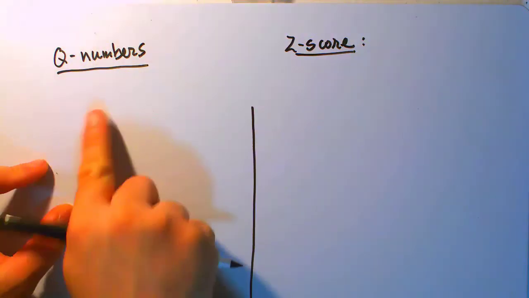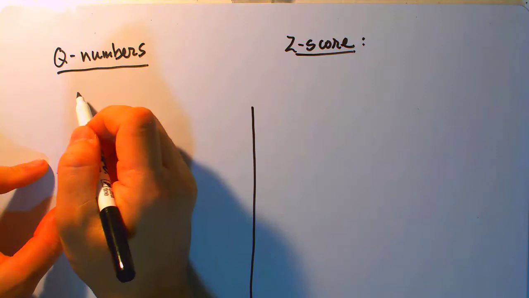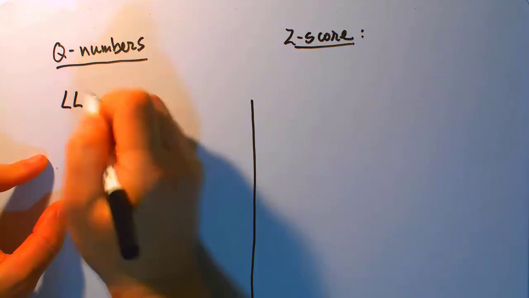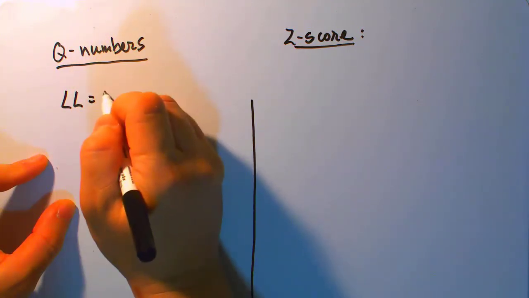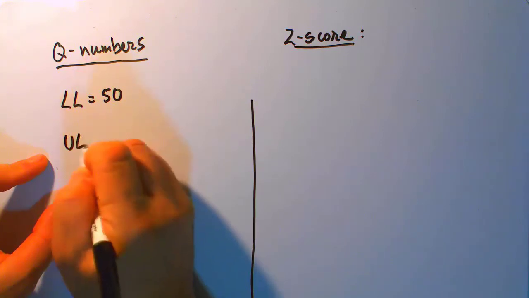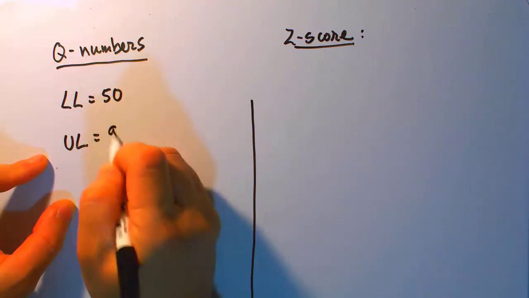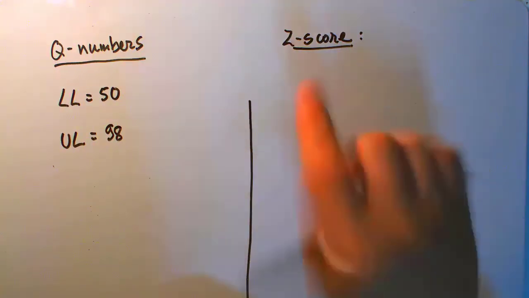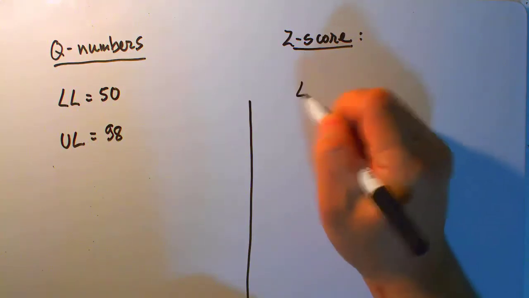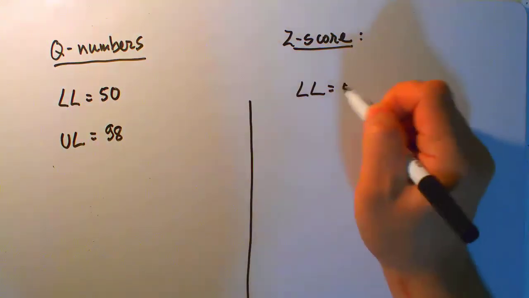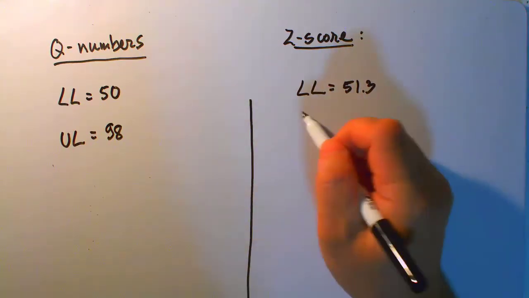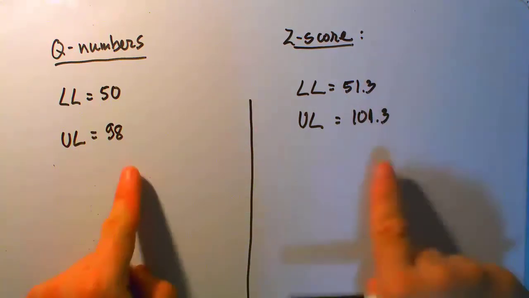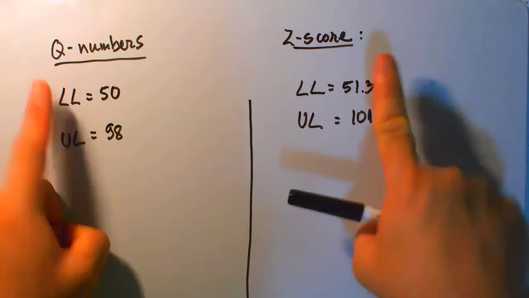Then using the Q numbers, if you remember and recall from other videos I've shown you, the low limit was 50, and the upper limit to find outliers was 98. However, using the z-score method, we came to a low limit of 51.3 and an upper limit of 101.3. So they are slightly different.